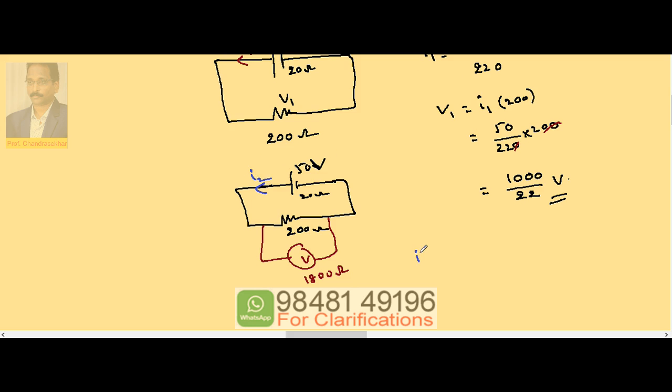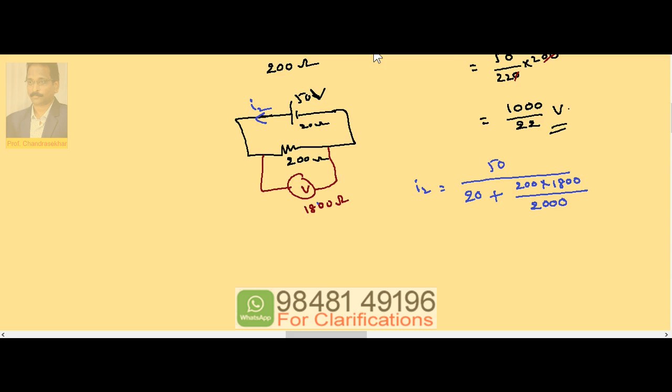Now I2 is given by 50 divided by this 20 internal resistance plus these two are connected in parallel, 200 into 1800 divided by 1800 plus 200, 2000. Now if I cancel 200 and this 10 times, this 0 gets cancelled. So 50 divided by 20 plus 180, 200.